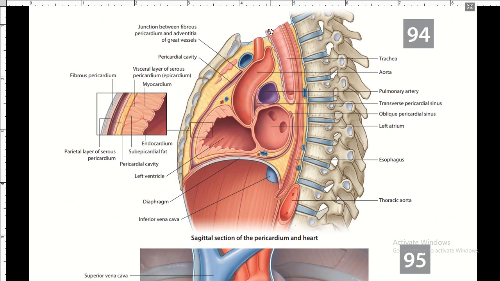You can clearly appreciate you have your vein, your large artery, your trachea. We are moving from anterior to posterior. And then your trachea is going to bifurcate at the level of the sternal angle as well. That's where it's going to bifurcate into the two principal left and right bronchi.